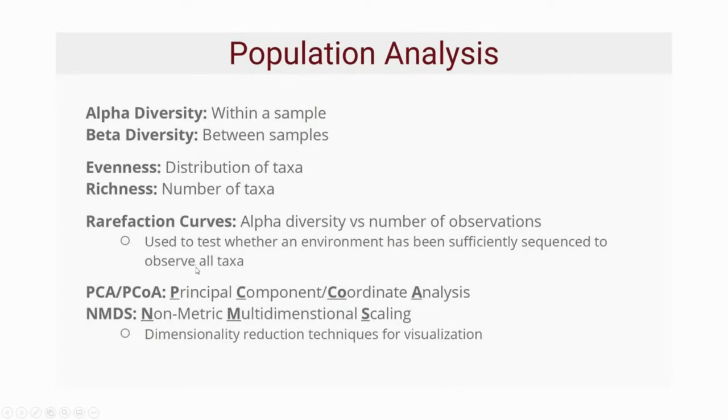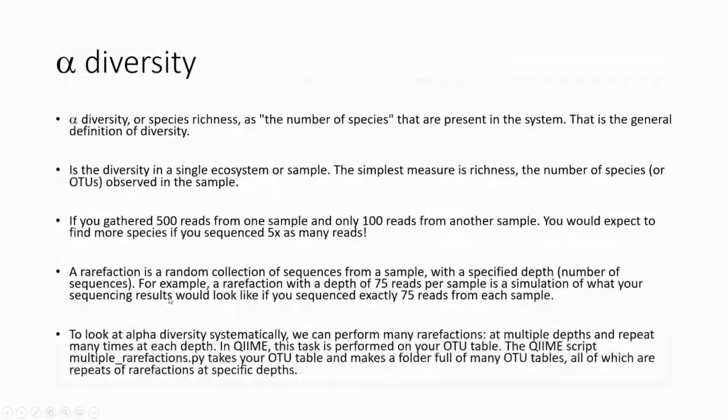And also, a more advanced one, you will also do the PCA and PCoA analysis. And that PCA analysis shows you which factors contribute to the variation of the sample, okay? And also you can do this NMDS, non-metric multidimensional scaling analysis.